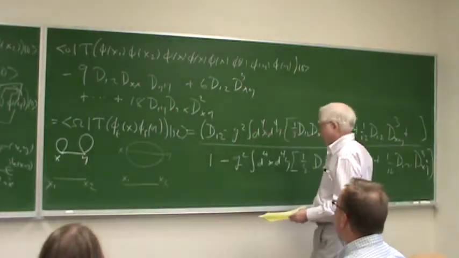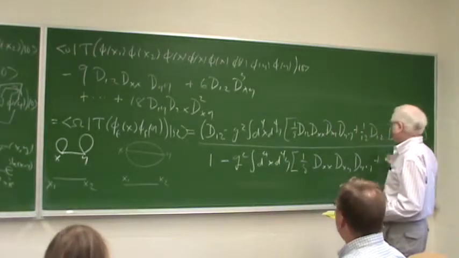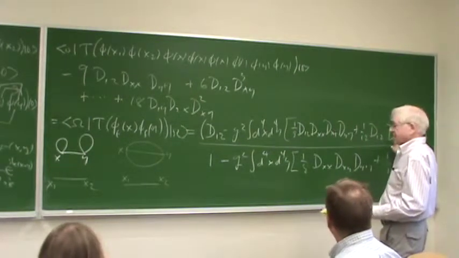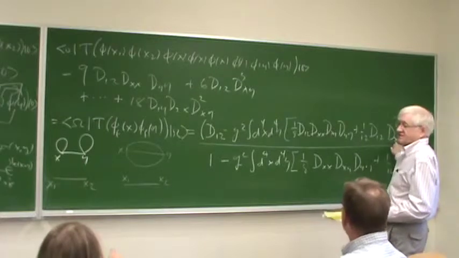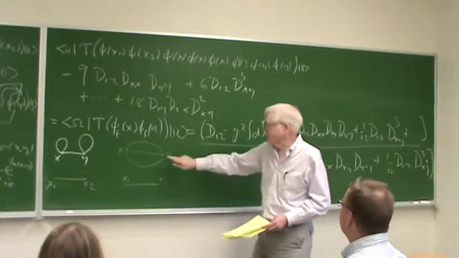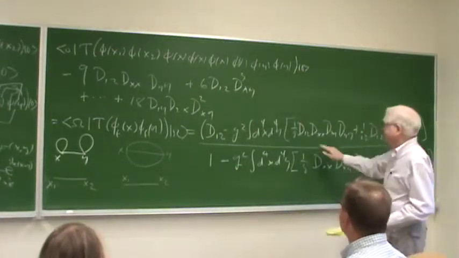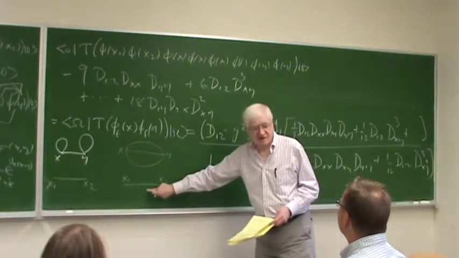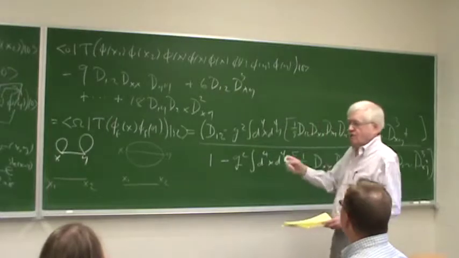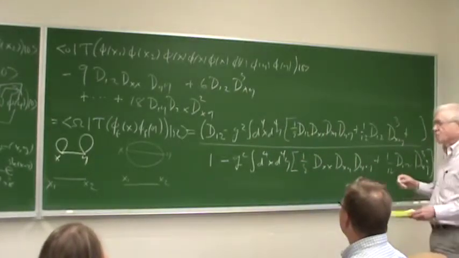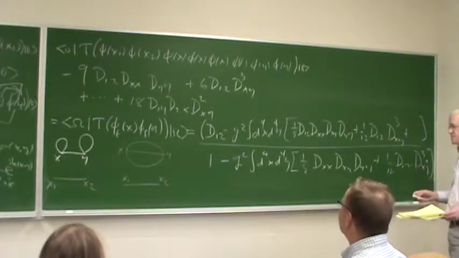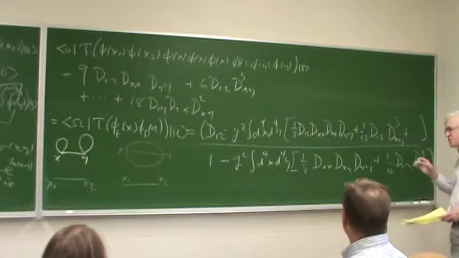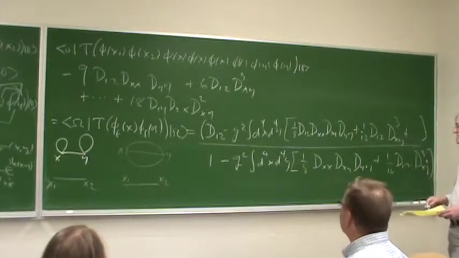It's also called a bubble diagram. And then the second one has three propagators going from x to y. Well, that's this one. And then it's multiplied by D12. And so that's this thing here. But there's no propagator taking an x1 to a y or an x2 to an x or anything. So those are the two new disconnected diagrams.